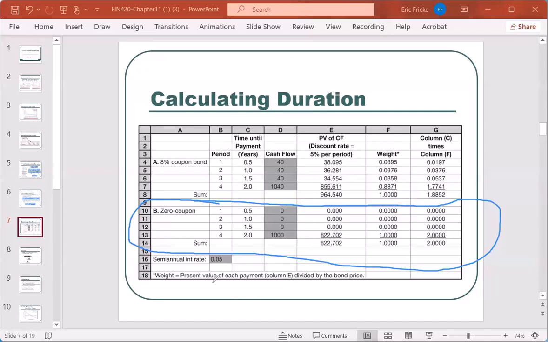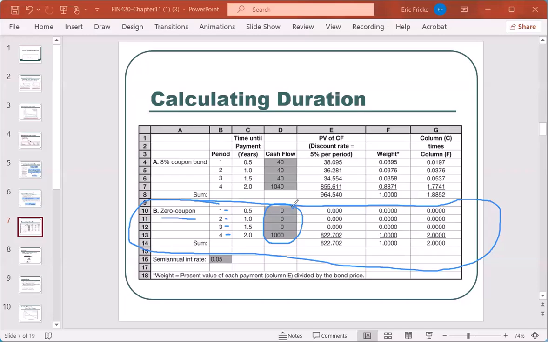and maybe that'll be easier. Let's first look at a zero coupon bond, right? In this case, the zero coupon bond has no cash flows in periods 1, 2, 3, and the first cash flow is the repayment of par value. That's the definition of a zero coupon bond, right?